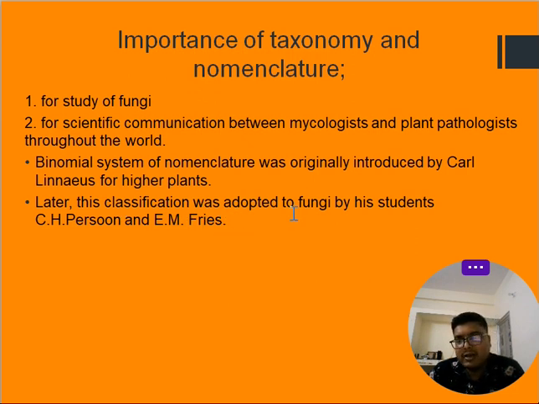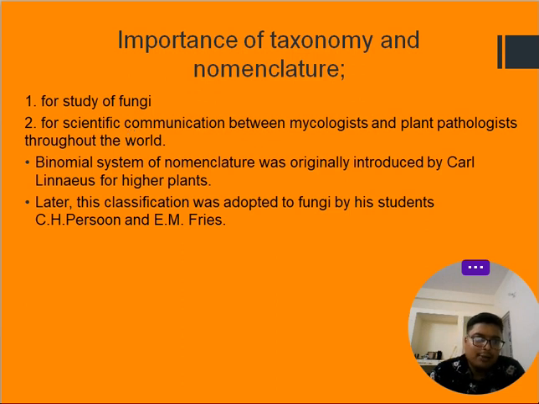I hope it's clear to everyone. This is about the importance of why we do taxonomy and why we study nomenclature, so that we can easily classify living organisms by their characteristics.